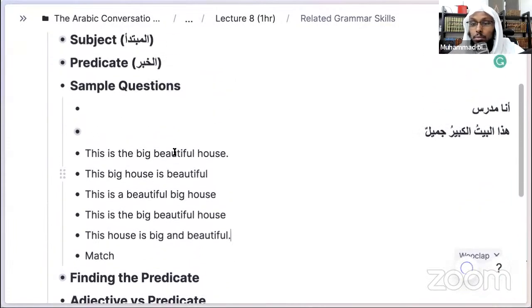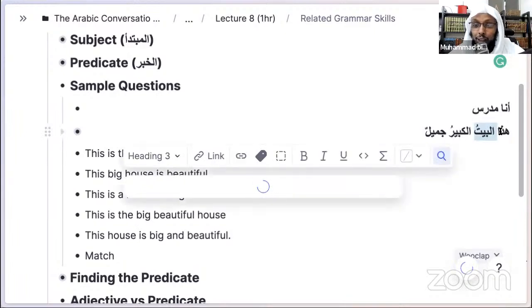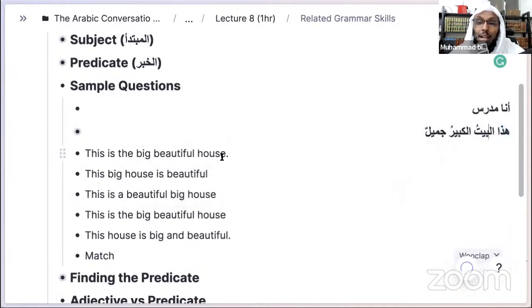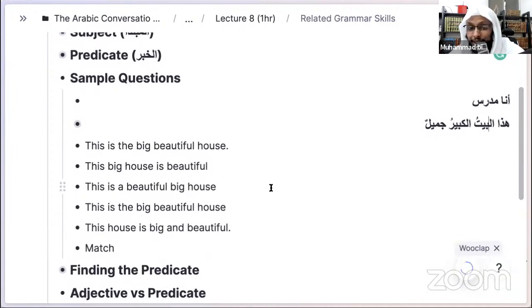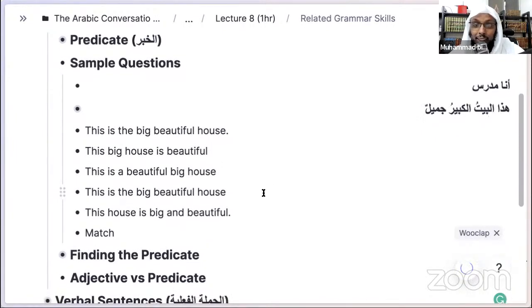In other words, we all know that the subject is, we're talking about this house. Talking about a house, that's the subject. Talking about this thing that we're pointing at. But what are we saying about it?